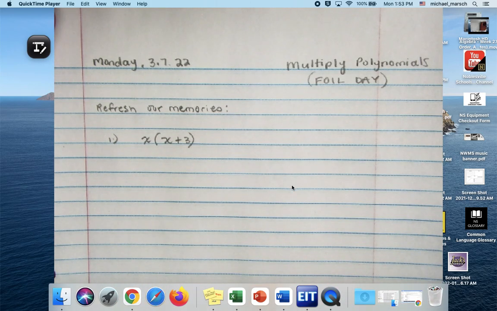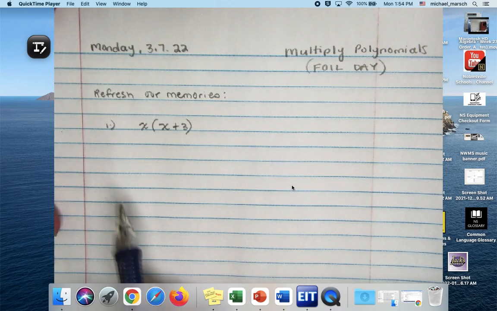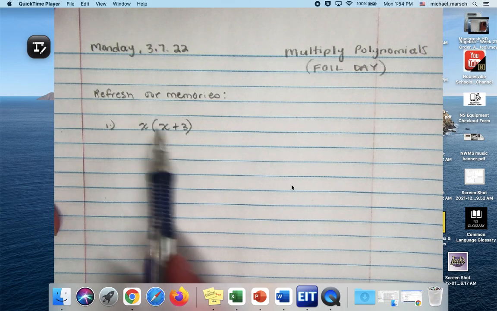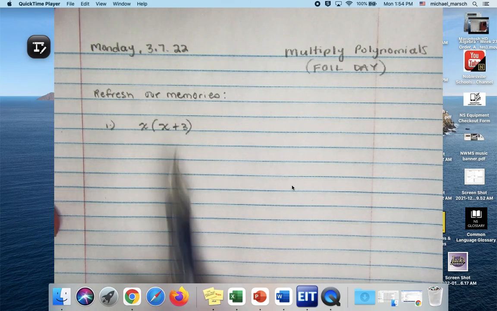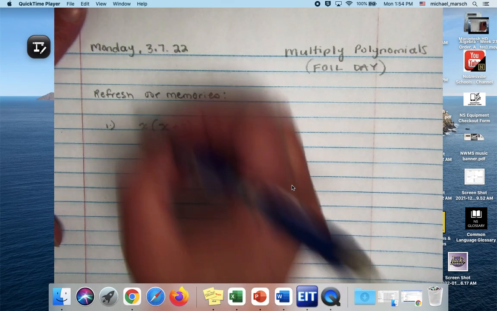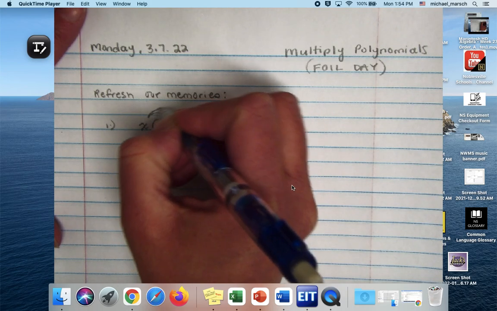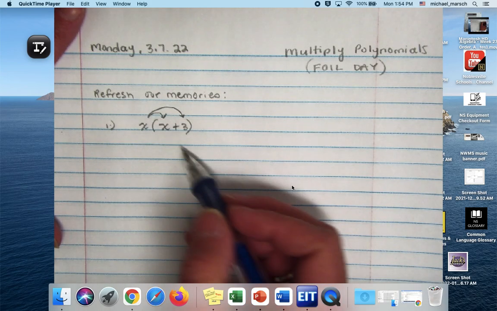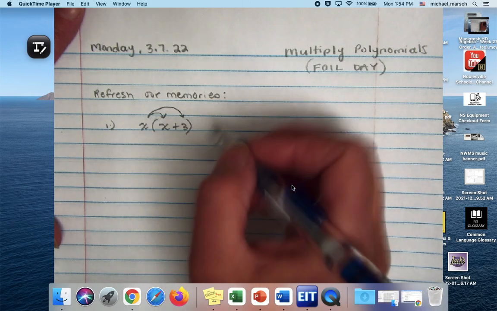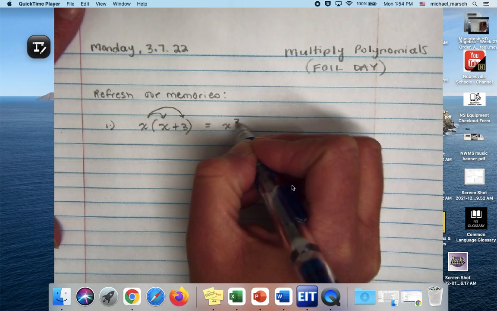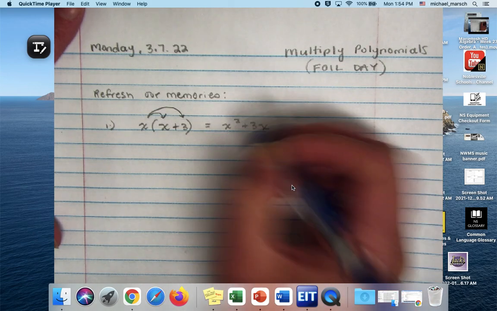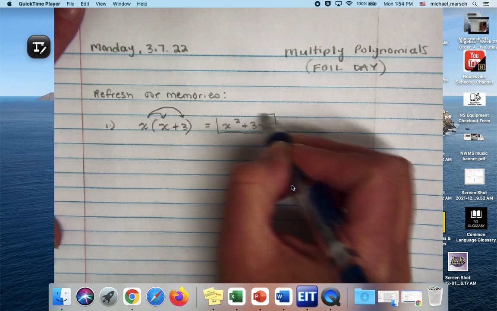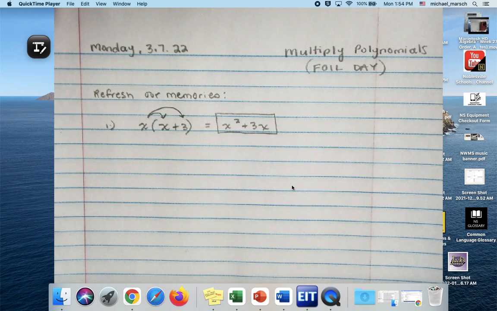If I gave you this simple multiplication of a variable times a quantity, right, because this is the quantity here in parentheses, I would distribute x times x and x times 3, and my answer would be x squared plus 3x. Can't really do anything with that, right? I just distributed because x times x is x squared, x times 3 is 3x.